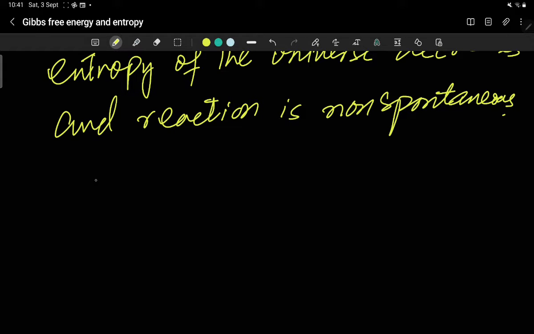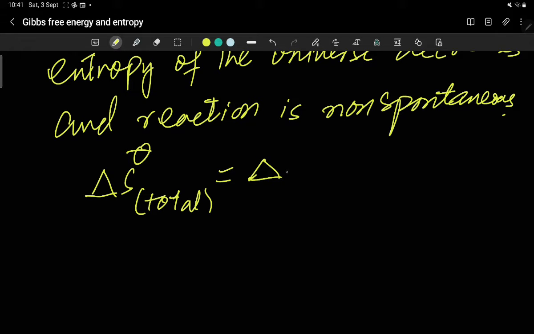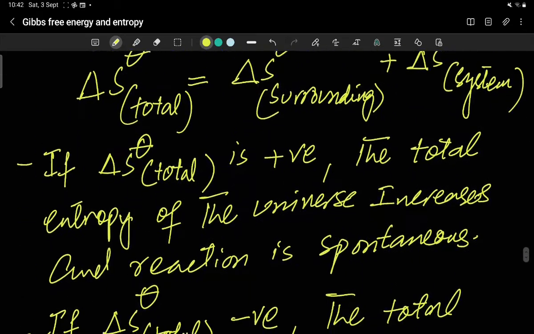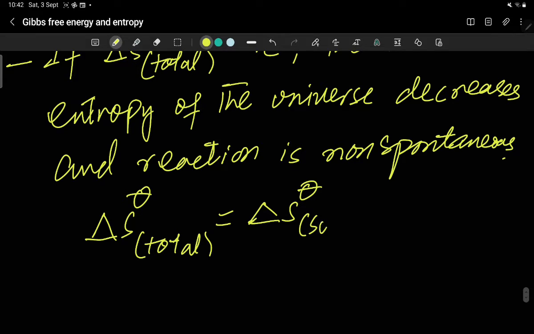And we know that this is delta S total, which is delta S surrounding plus delta S system.